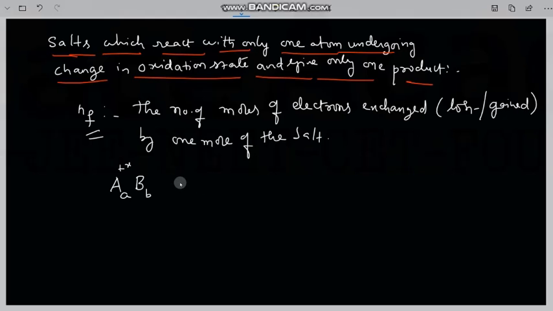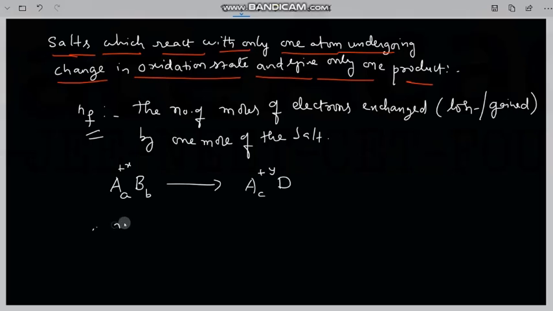Then if this undergoes a chemical reaction, it becomes another compound, A, C, and the oxidation state changes to y, and B becomes D. That means there is an atom D which newly came, and the oxidation state of A in the product I am taking as plus y.